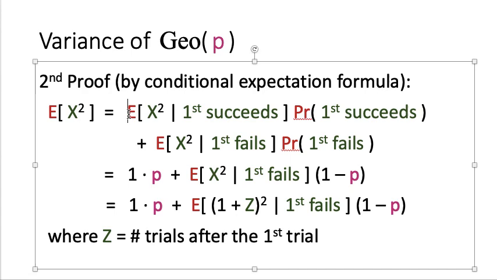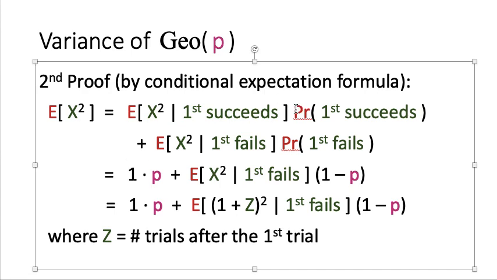Now, let us try to simplify this formula and examine each term one by one. First of all, given that the first trial succeeds, the total number of flips is always equal to 1. So that means x is unconditionally always 1, so x squared is always 1, and the expected value of this one is 1.